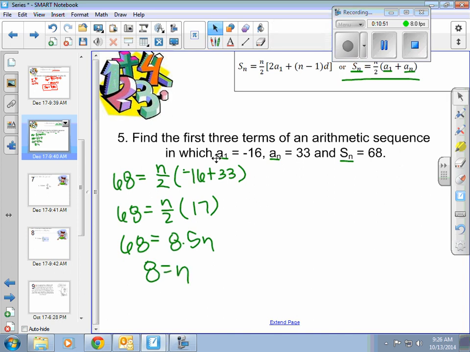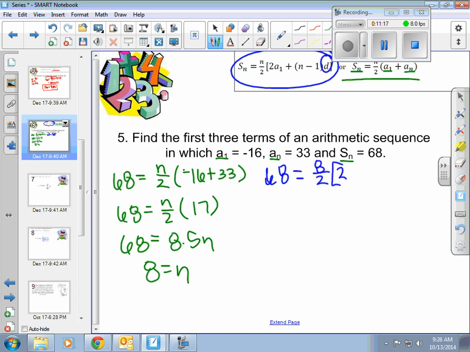Well, if I want to figure out the first three terms of the arithmetic sequence, I need to know what the common difference is. So now that I have this, I'm going to use this first equation, plug in everything I know, and this time I would be solving for d. So my S sub n is 68. My n is 8, because I just found that, 8 divided by 2.